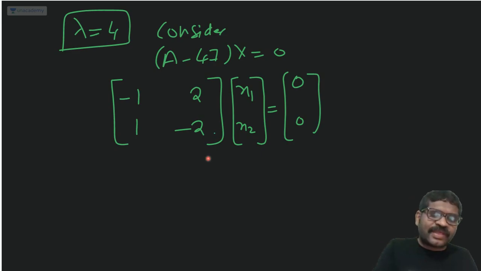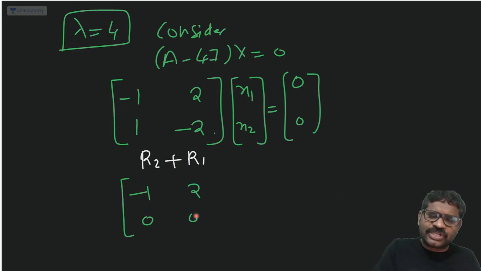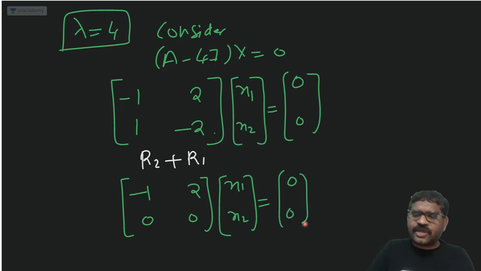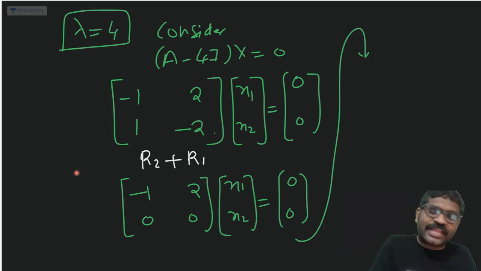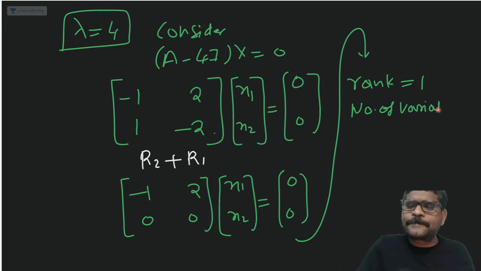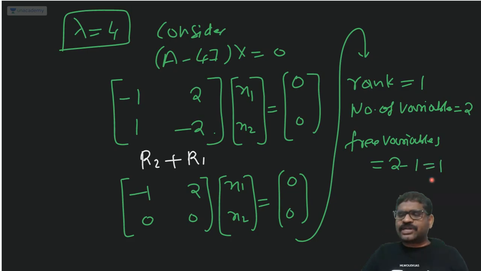Now apply the operation R2 plus R1, giving minus 1, 2, 0, 0 times x1, x2 equal to 0, 0. Now what is the rank? Rank is the number of non-zero rows, 1. Number of variables 2. Now free variables is 1.